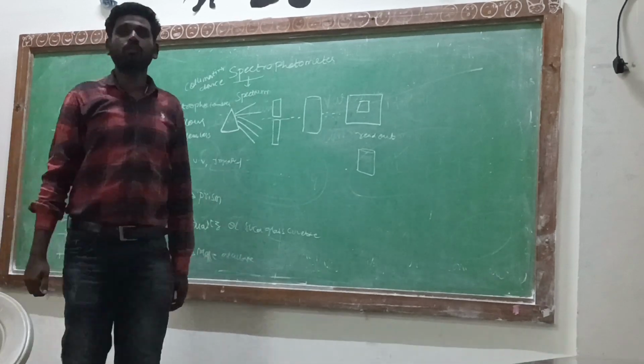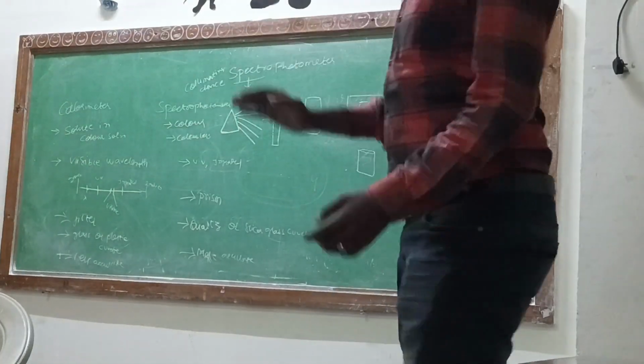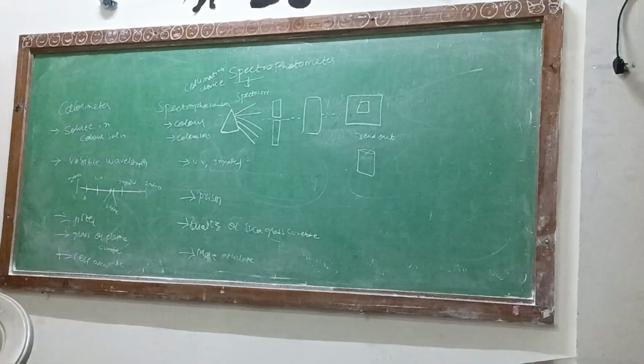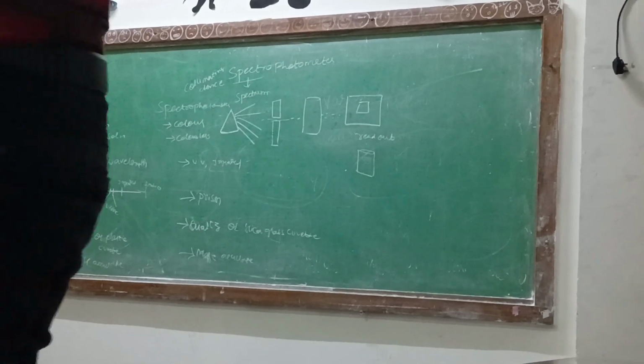The five differentiations between the colorimeter and the spectrophotometer are: first, the colorimeter will only detect a colored solution, whereas the spectrophotometer can detect colored as well as colorless. Second, it will work only with the visible wavelength, whereas the spectrophotometer can go beyond the visible wavelength; other wavelengths also exist and can be applied.